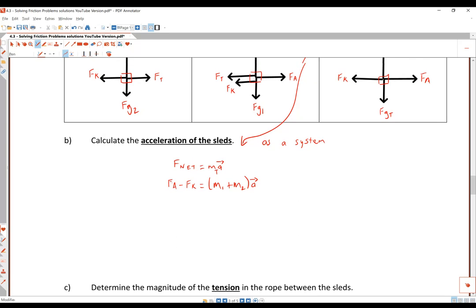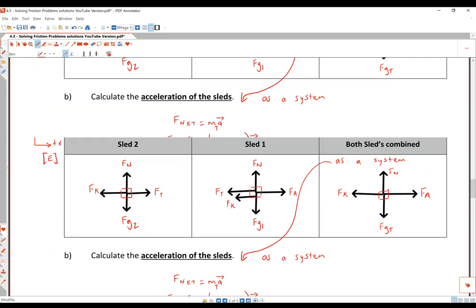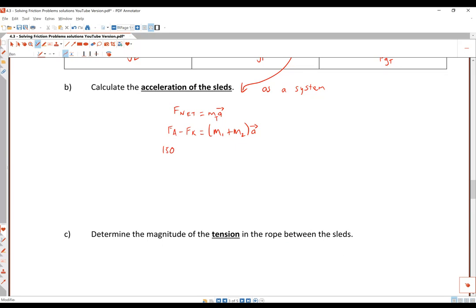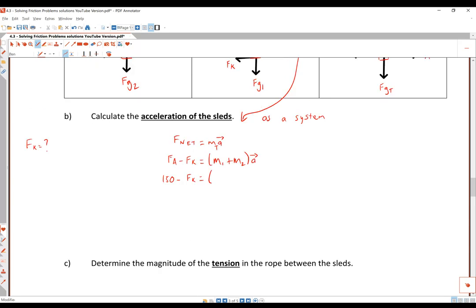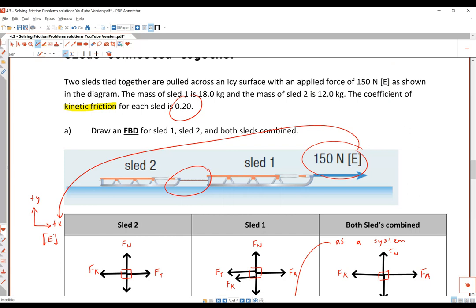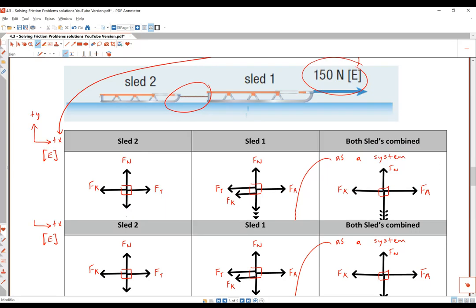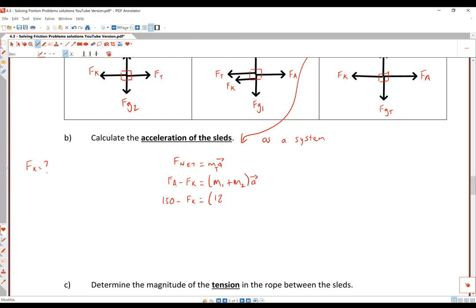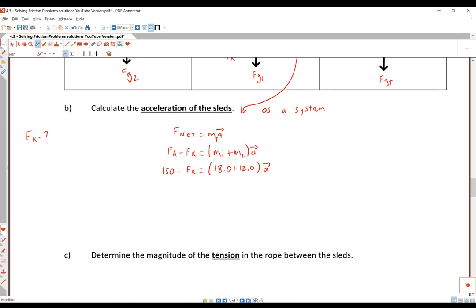And over here, we have our applied force, which we know, which is 150 newtons. So we're going to say 150 minus our kinetic friction. So we don't know that yet, so we need to figure out what kinetic friction is. Equals mass 1. Let's see what mass 1's weight is. 18 kilograms. Mass 2 is 12. So it's going to be 18 plus 12 multiplied by the acceleration.